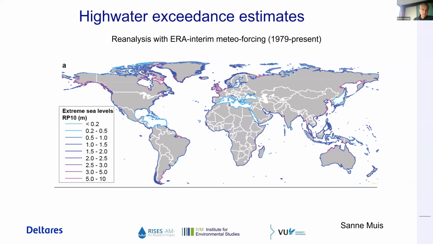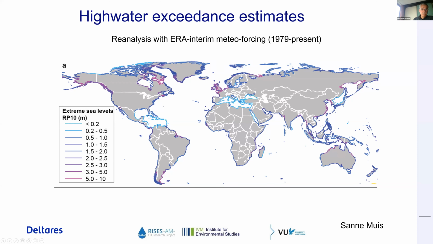So she ran the model, the GTSM model at that time, with forcing from 1979 until I think 2016 or so, and computed extreme sea level statistics for that. So what you see here, for example, on this map is a 10-year return period. You can see the water levels that correspond to that.